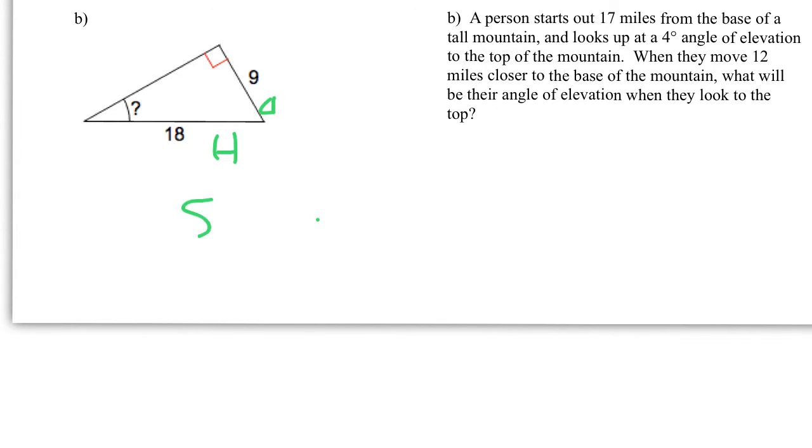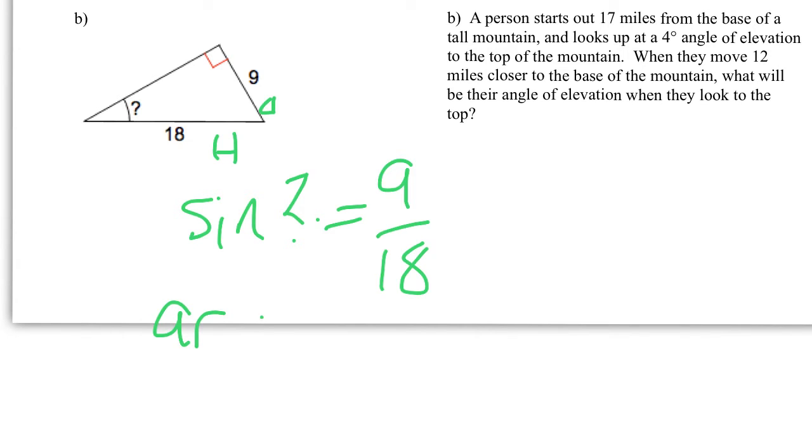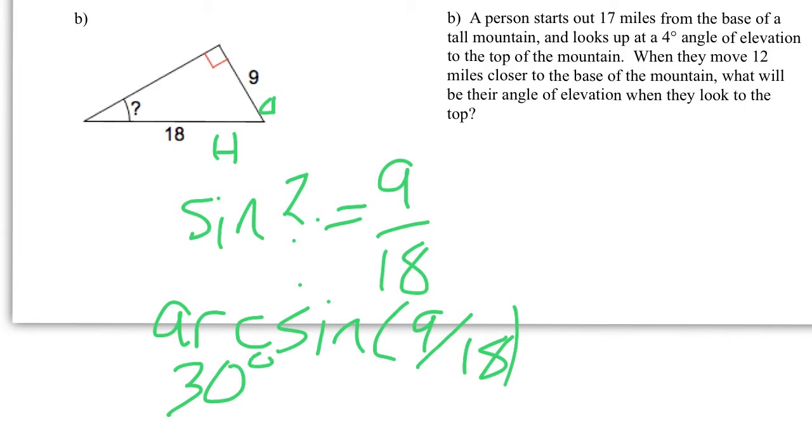So we've got sine of question mark is equal to 9 over 18. If I were to use arc sine or sine inverse, we get 30 degrees. Okay, so question mark is 30 degrees.